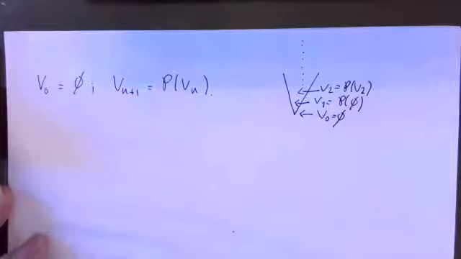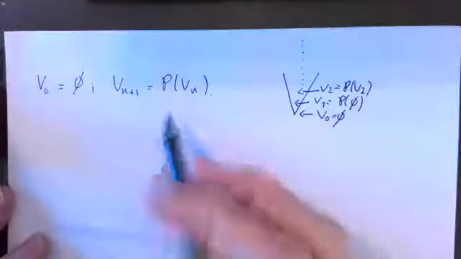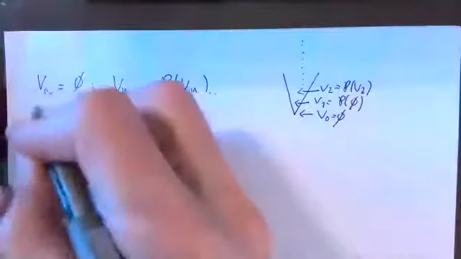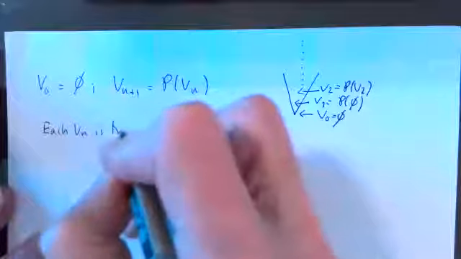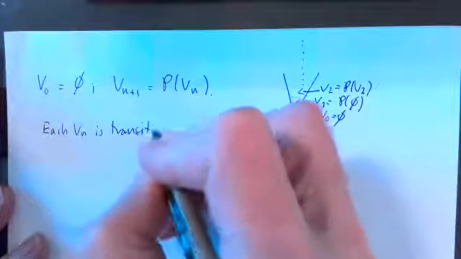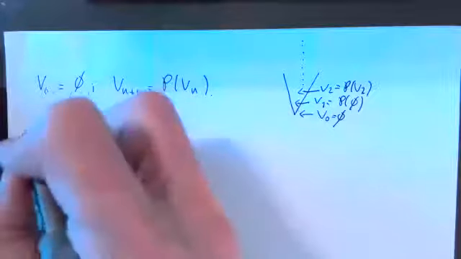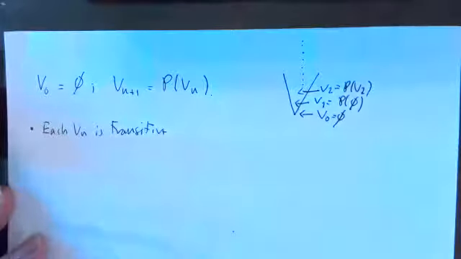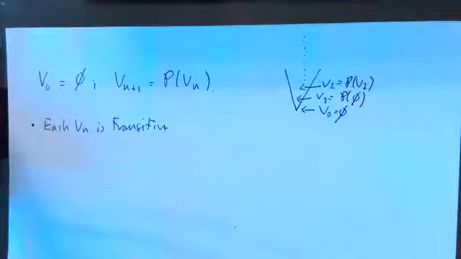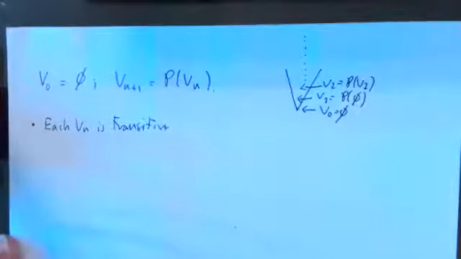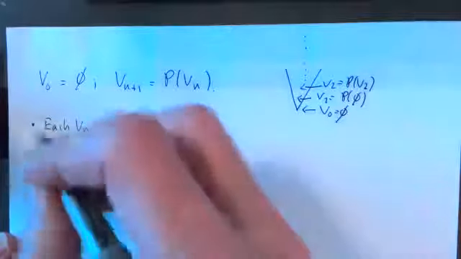So actually what we have, from later on in the chapter, is that each of these Vn's is transitive. So that's one fact there about the Vn's, and most easily seen by induction.